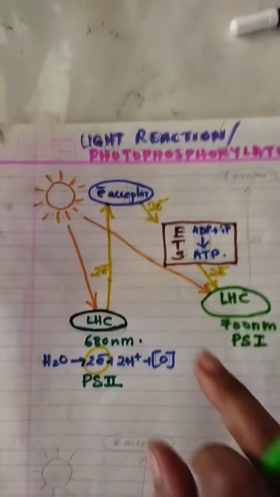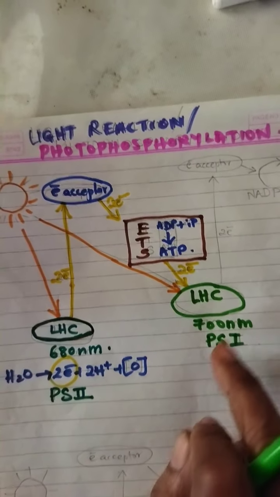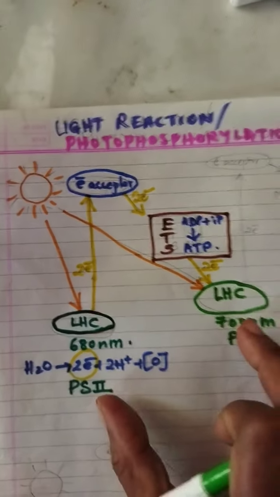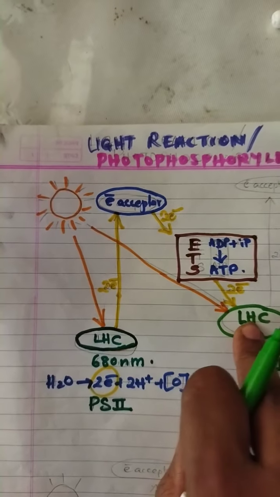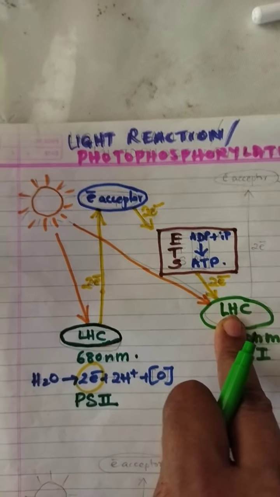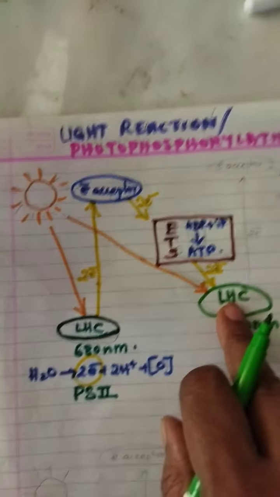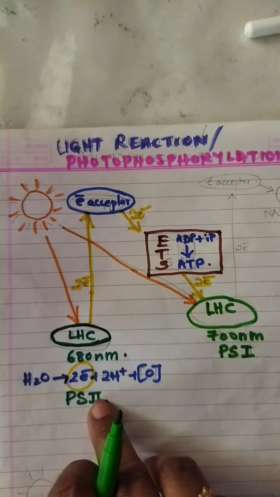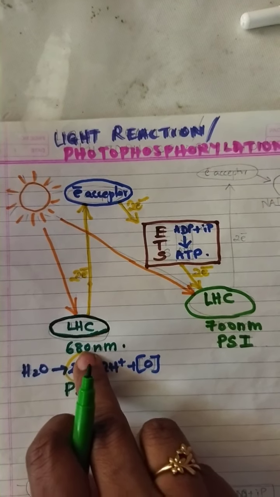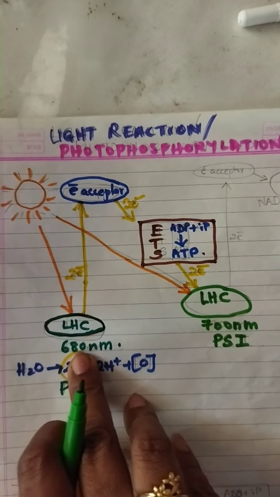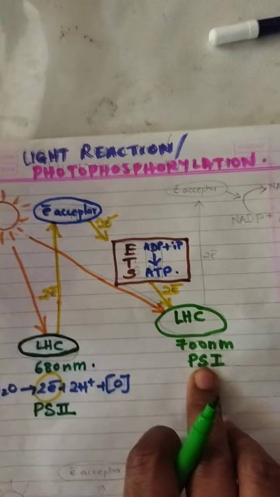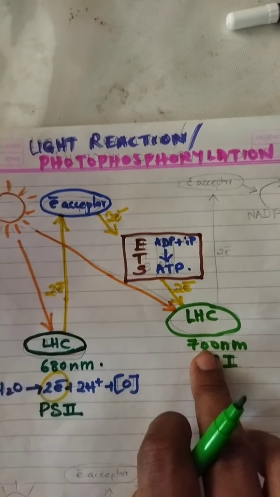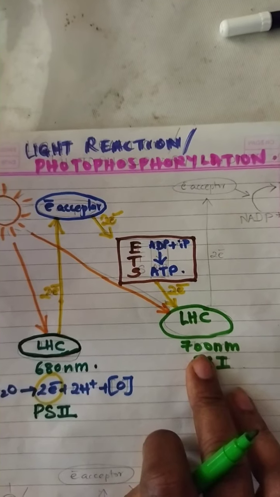Okay, so what is the difference between the photosystem 1 and 2? What is the similarity? Both of these photosystems have light harvesting pigments. But the difference is that in photosystem 2, the sunlight of 680 nanometers is absorbed, and in photosystem 1, the sunlight of 700 nanometers wavelength is absorbed.